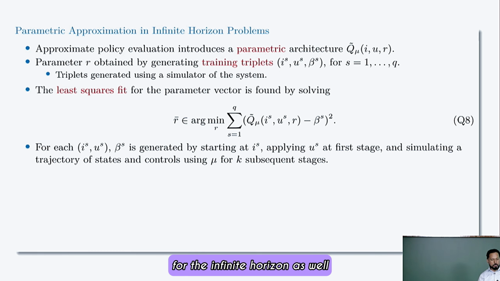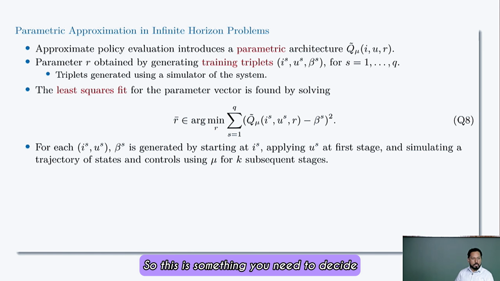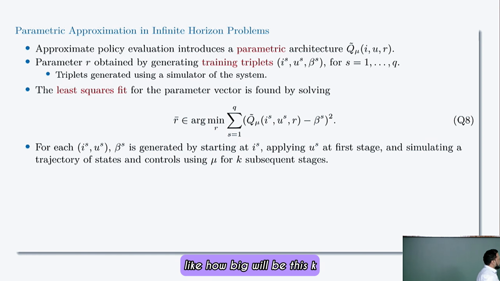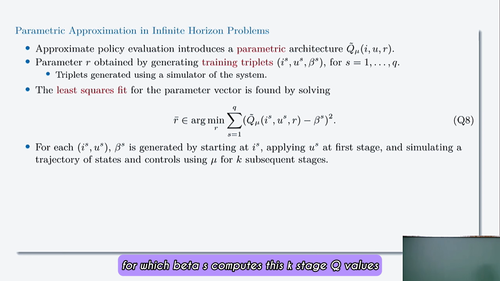then we are thinking that this is a good enough approximation of the q values for the infinite horizon as well. But if your k is small, this is not necessarily a very good label to build a prediction function like q. So this is something you need to decide: how big k will be, for which beta_s computes these k-stage q values.